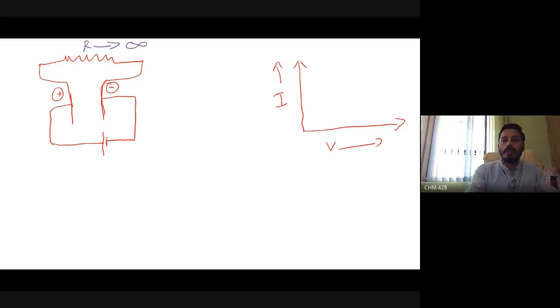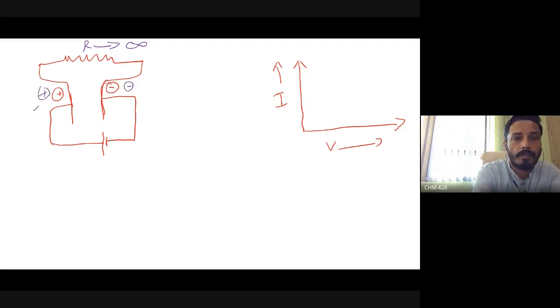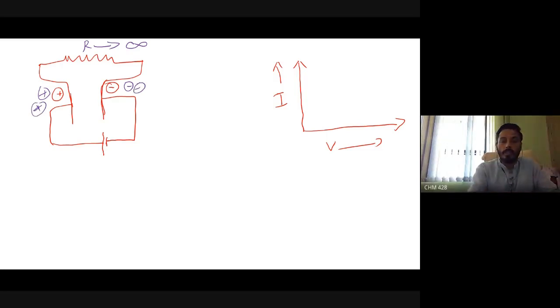The resistance will not allow any charges to flow across the resistor because it has a very high impedance. So what is the consequence? Charges will simply accumulate on the plate because they cannot pass through that resistor.